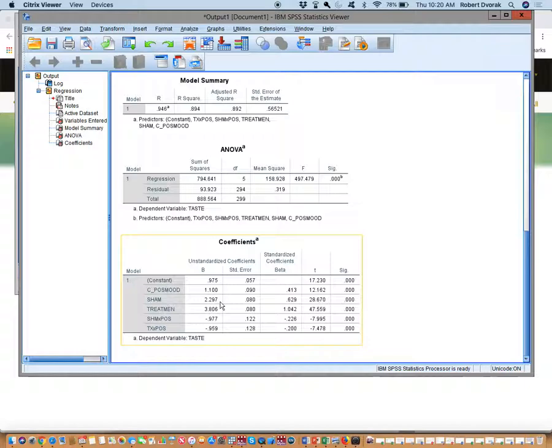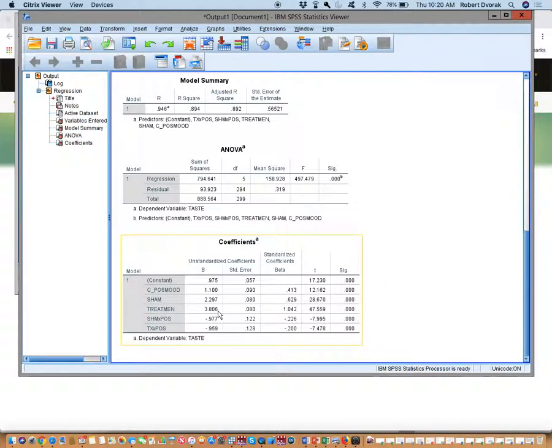That the sham group is different from the control group on taste. Perfect. And how are they different? The sham group has more taste. Significantly higher taste, or at least they rate the taste of whatever they're eating as significantly higher, significantly better, right?